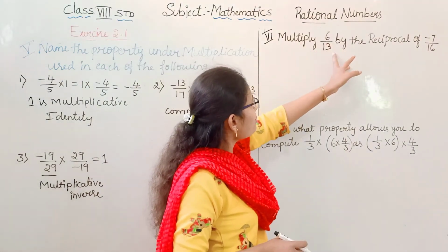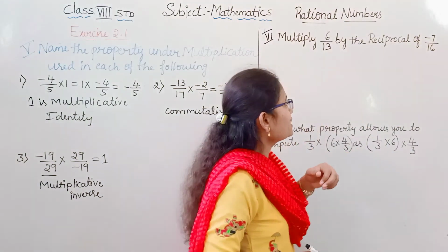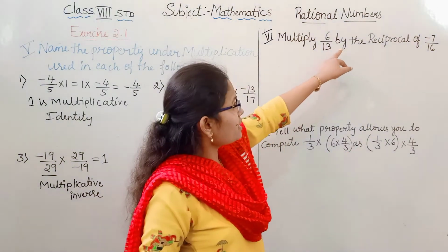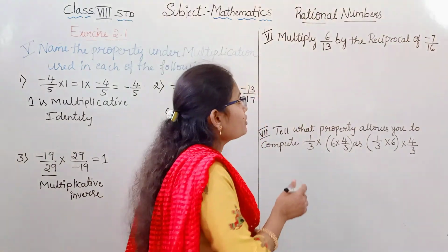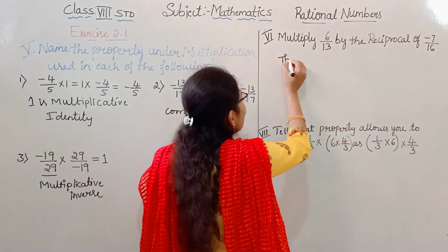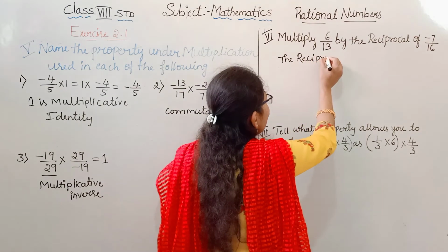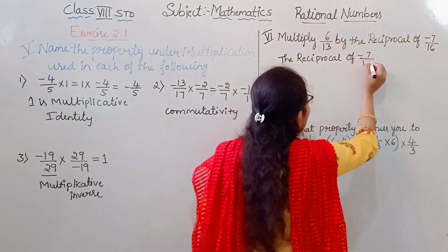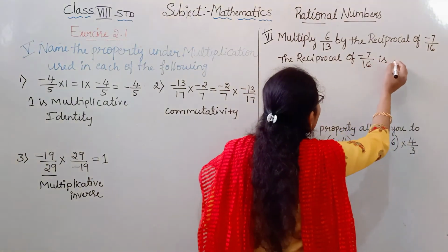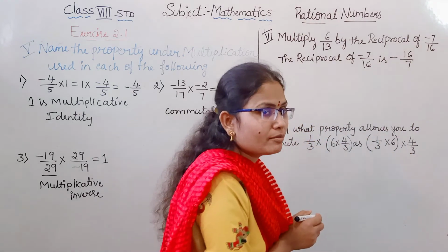Multiply 6/13 by the reciprocal of -7/16. First we have to find the reciprocal of -7/16, which is -16/7.